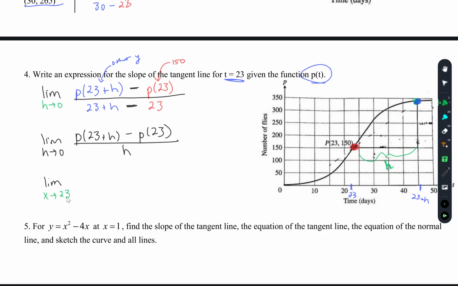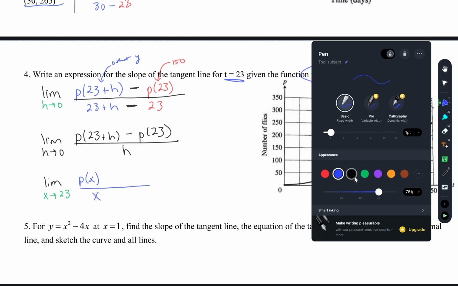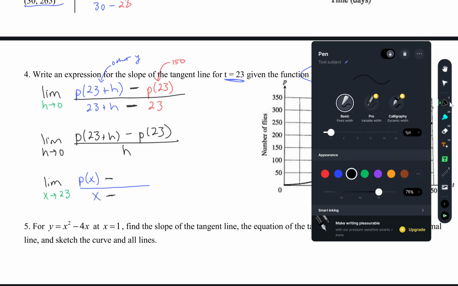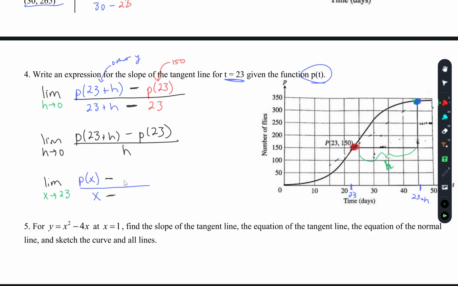And the way you write that one is you would say your other point is just some other x. Okay, and then it'll be x down here. And it's still the slope formula. So this one looks more like y2 minus y1, and then your original point would still be the same, p of 23, and then 23 down here.